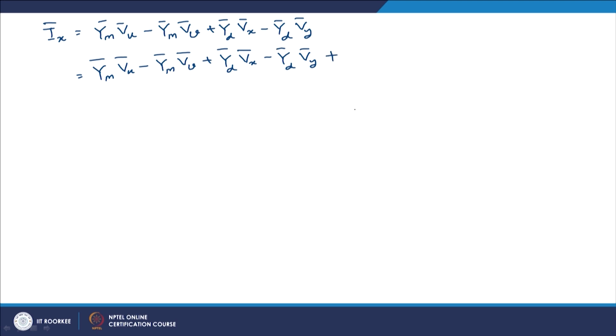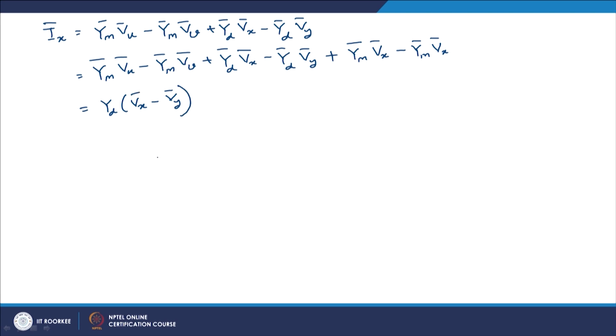We add Ym Vx and subtract Ym Vx. So, from here we get Yd into Vx minus Vy.